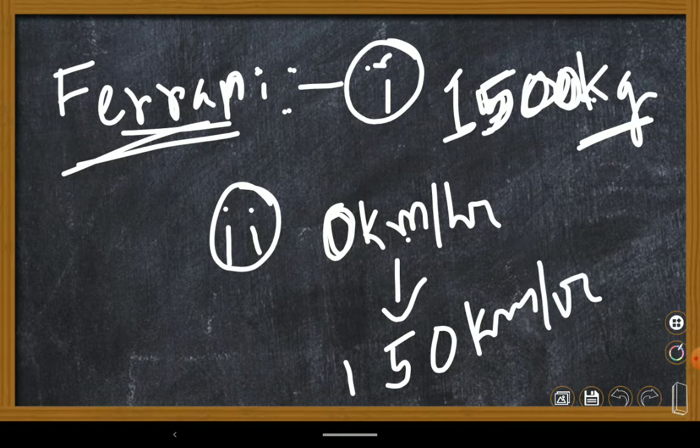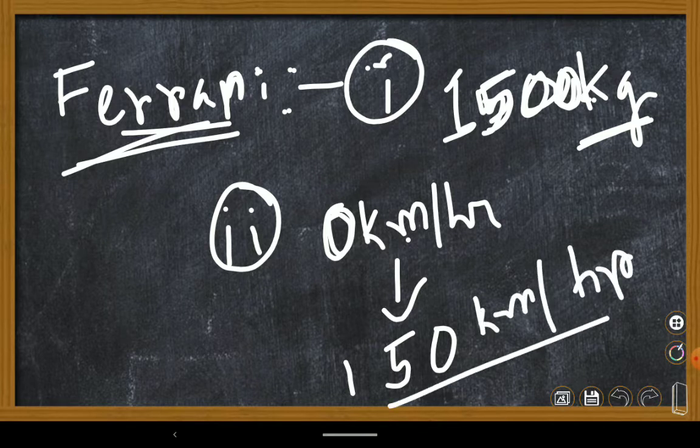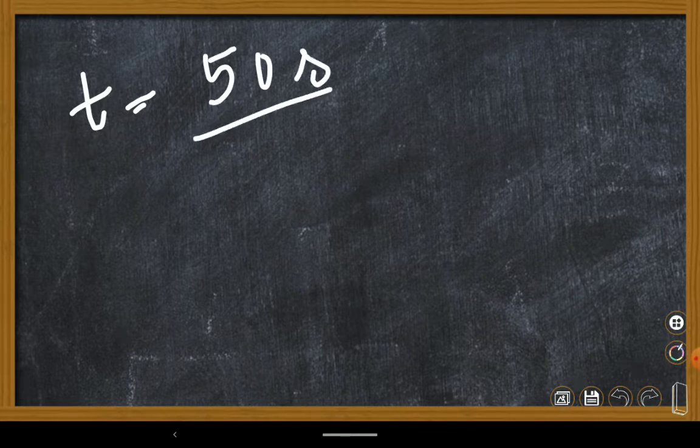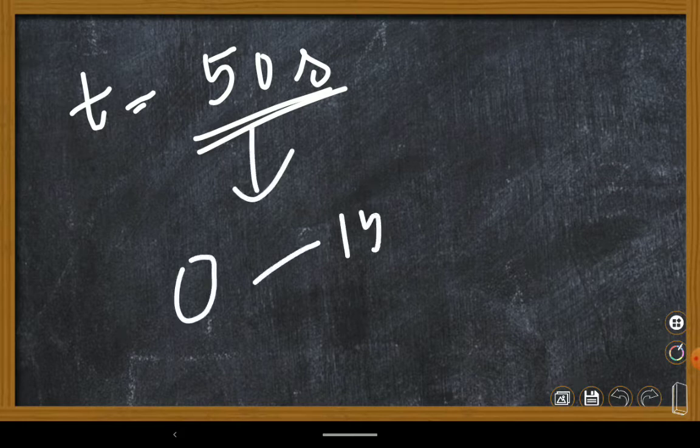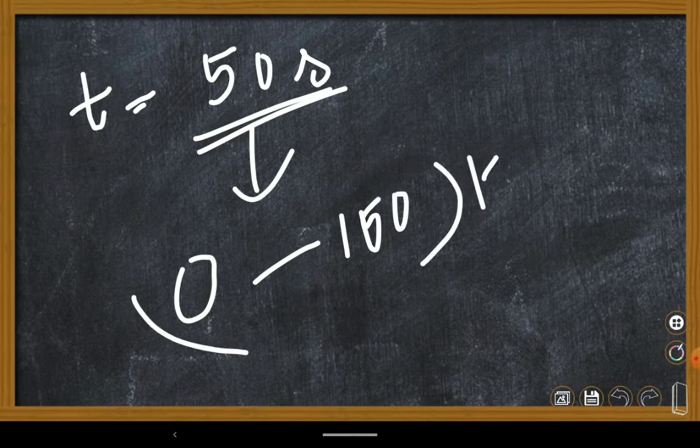The time taken to change the speed from rest, for the purpose of this example, we take as t equals 50 seconds. So the Ferrari changes speed from 0 to 150 km per hour in 50 seconds.